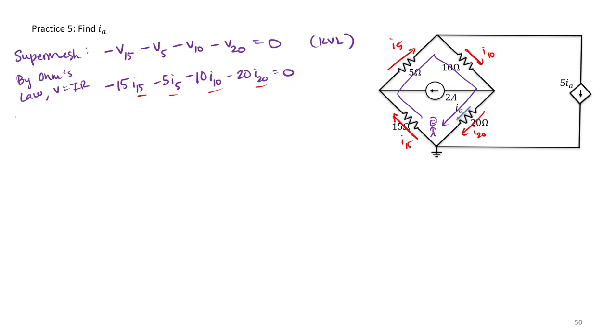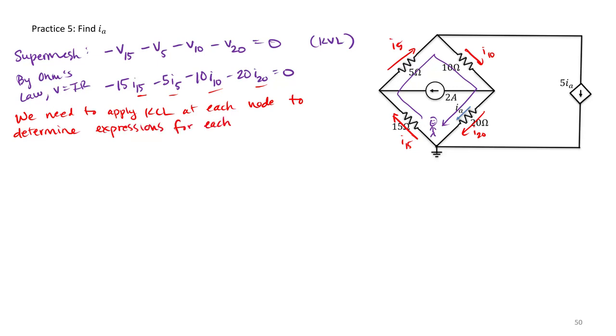So we need to apply Kirchhoff's current law at each node to determine expressions for each current. I'll number these once again as node 1, node 2, and node 3.